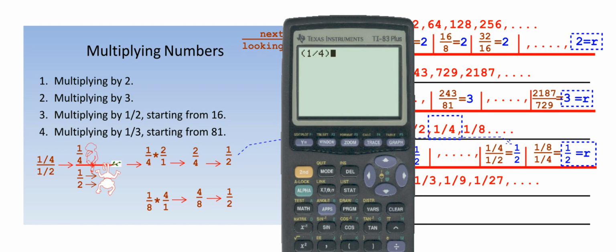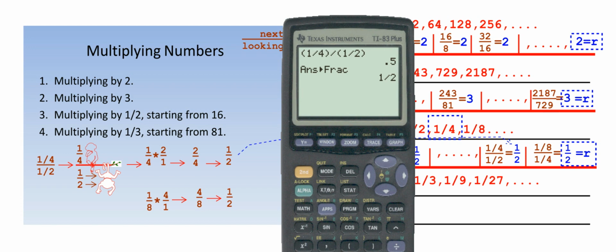And now we're gonna hit divided by, open up another parentheses, 1 divided by 2, close your parentheses, and hit enter. It gives you 0.5. You can go to math, hit enter for the option of fraction, option number 1, hit enter, and it converts that 0.5 to the fraction that you need, which is 1/2. That's a simplified version of it.